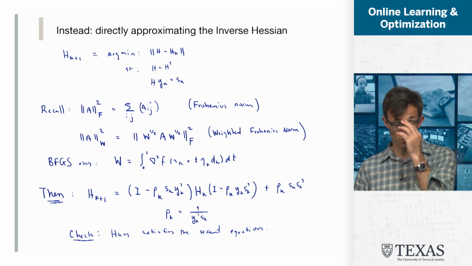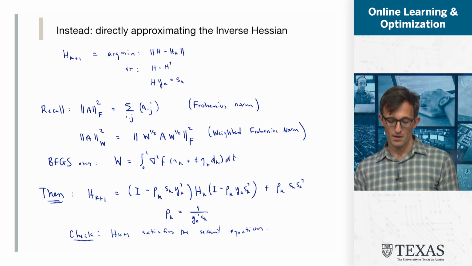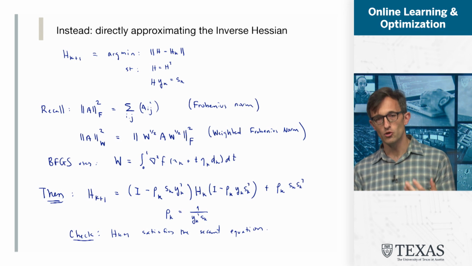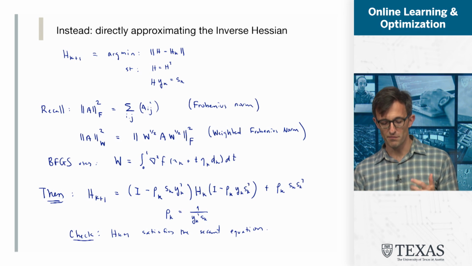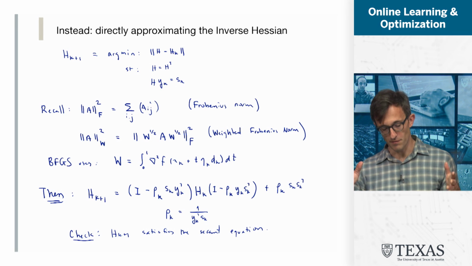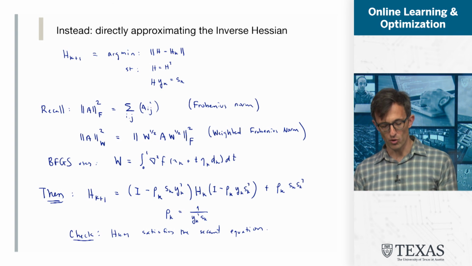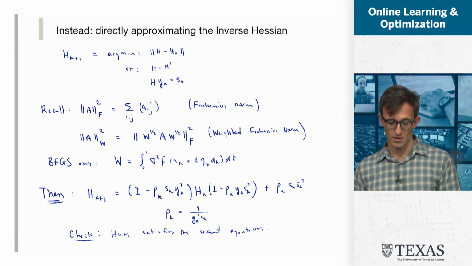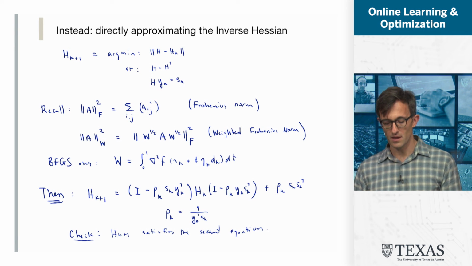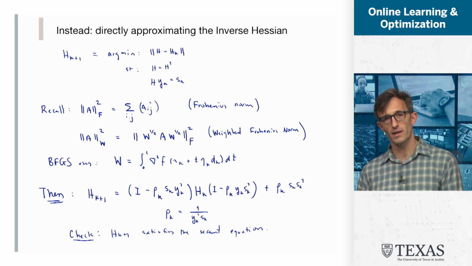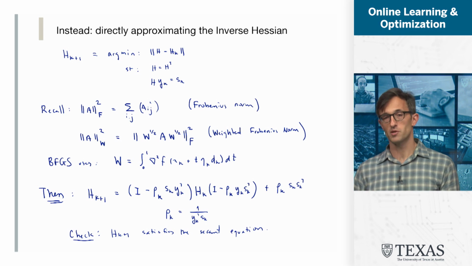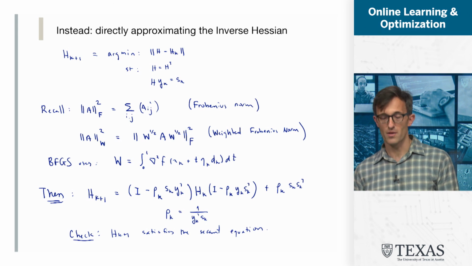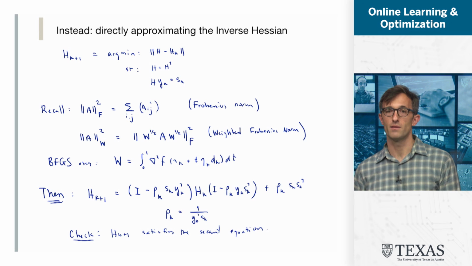We should really think about n as being huge. If n is some very large number, then storing HK plus 1 explicitly requires n squared. But storing, let's say, 100 pairs of SK and YK just requires 200 times n. If n is much, much bigger than 200, I would much rather have storage 200 times n than n times n. So this is the idea.